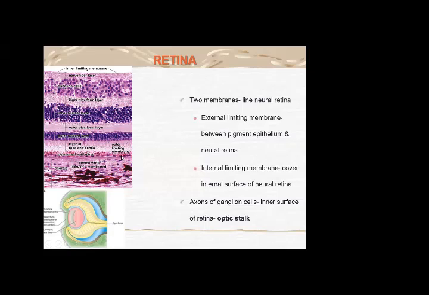ये pigment cell layer है. Then you have the outer limiting membrane. अभी outer nuclear layer. ठीक है. First layer of nuclear cells जो हैं, neurons जो हैं, first layer of neurons. उनकी आपको nuclei नजर आ रहे हैं. Then comes the outer plexiform layer.